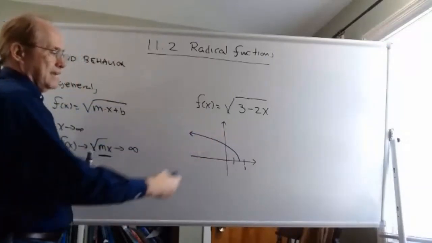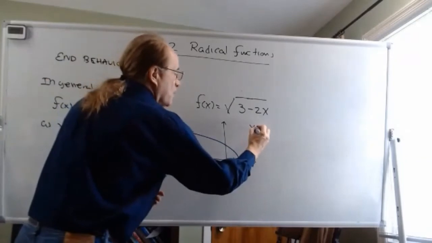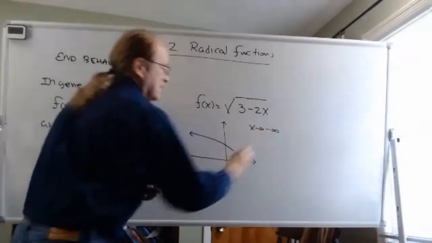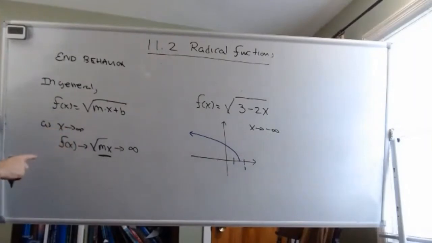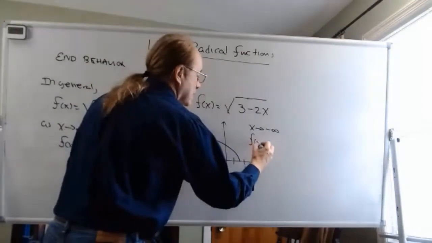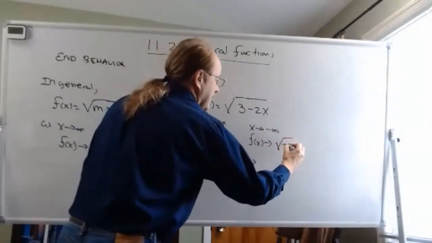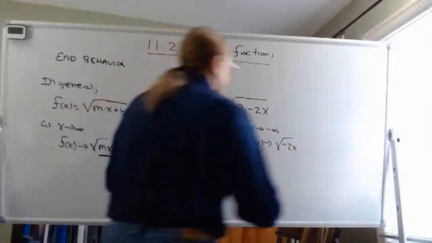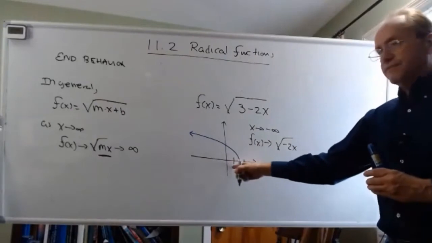We're going to see the domain: x has to be less than that. So in this case, we would be looking at x going to negative infinity, not positive infinity like we looked at on the other ones. And what happens? Well, f of x is going to look more like the square root of negative 2x. Now, obviously, here it's undefined.